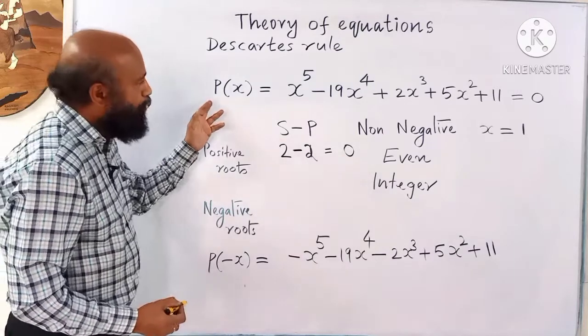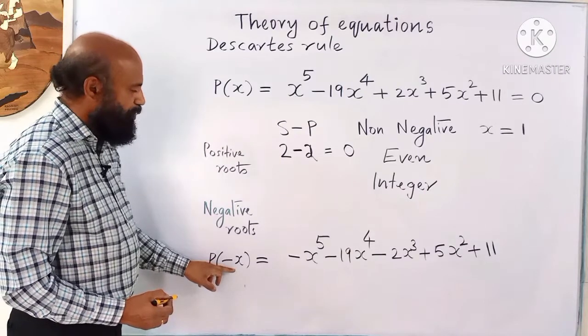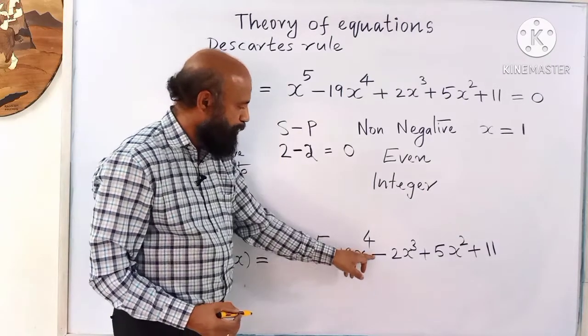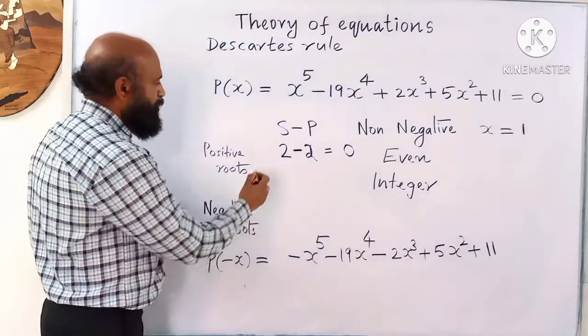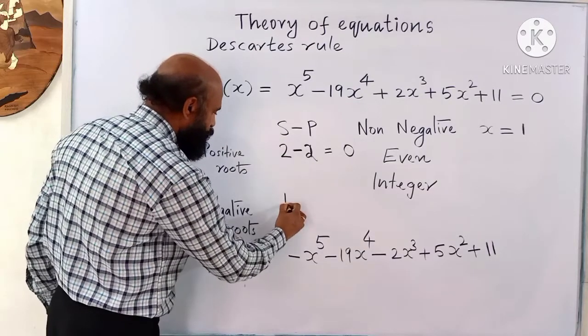Now for getting the number of negative roots, you get p of minus x. Then here you see the sign changes: minus, minus, minus, minus, plus. So here one sign change is there. So the number of sign changes in this case is 1.